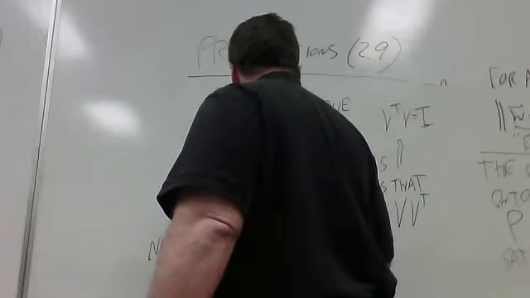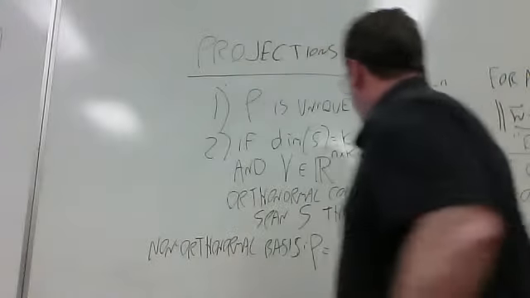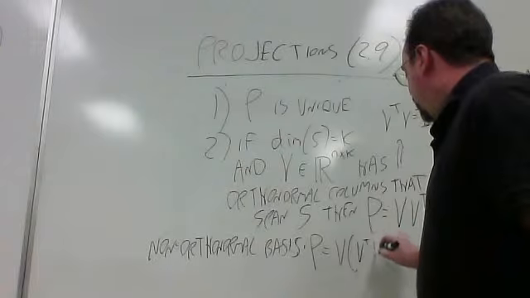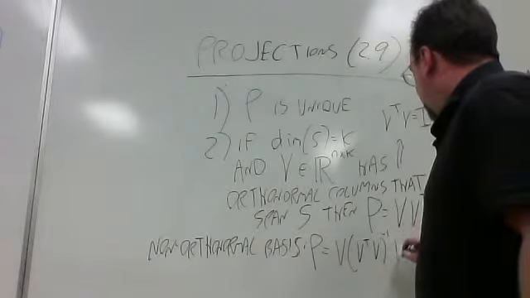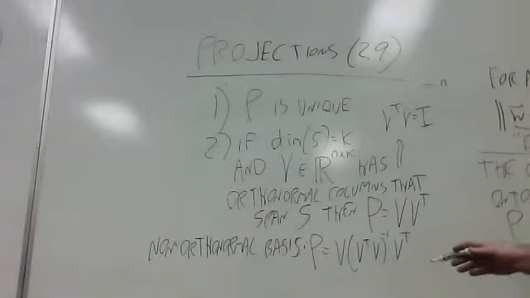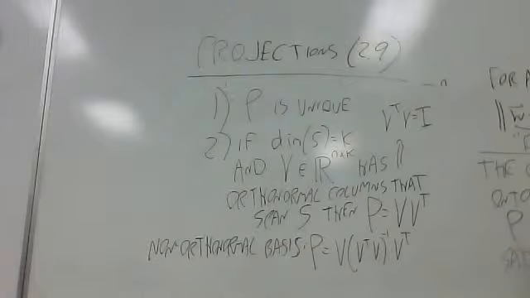Then the formula for a projection is V, and then you have V transpose V inverse V transpose. And if V has orthonormal columns, you can see that this reduces to this because V transpose V is identity.